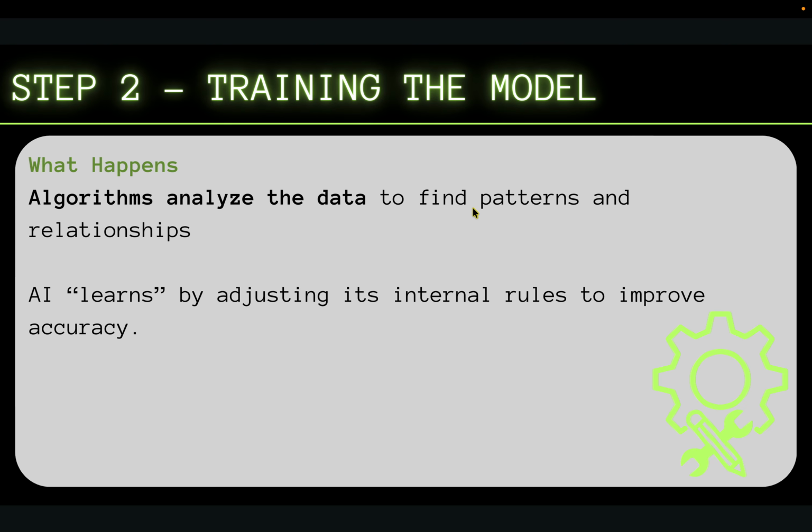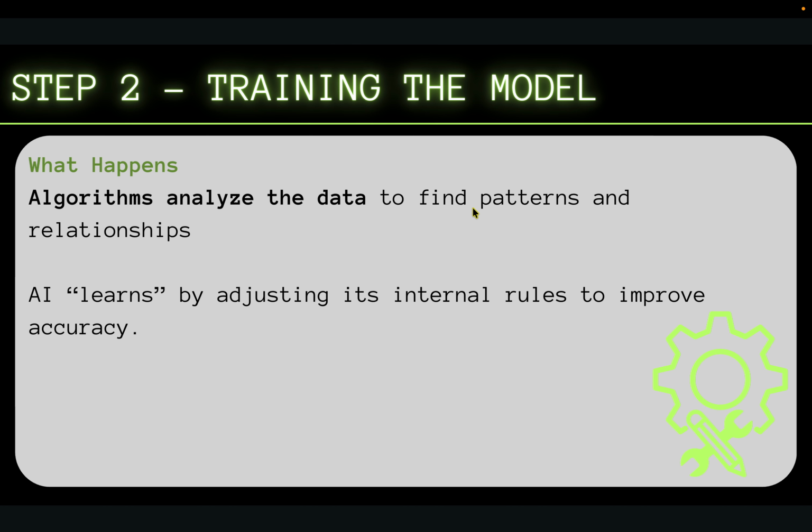So, once it has the data, that data is used to train a model. So, each AI system has a model that it uses to pretty much hold, store, manipulate, and train the data. And there are algorithms, which are step by step processes that allow you to analyze the data how you need it to be analyzed to pretty much come up with patterns and relationships within the data.